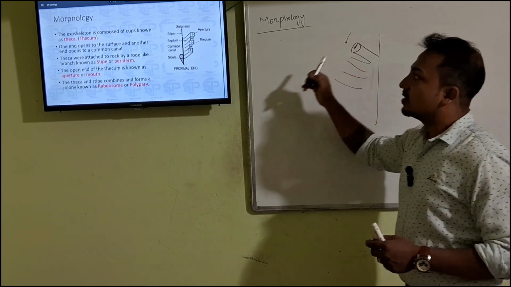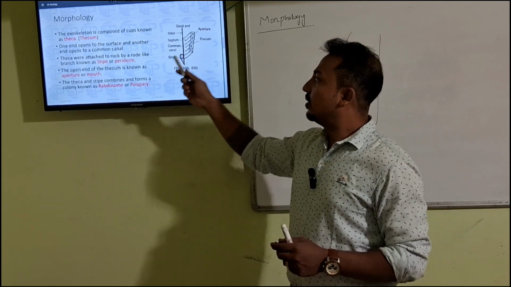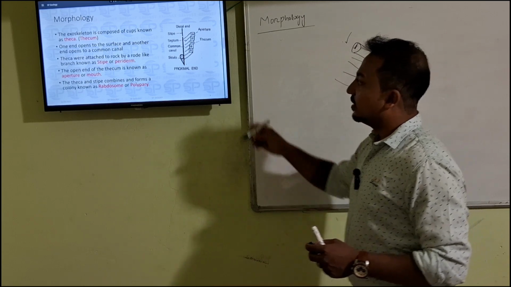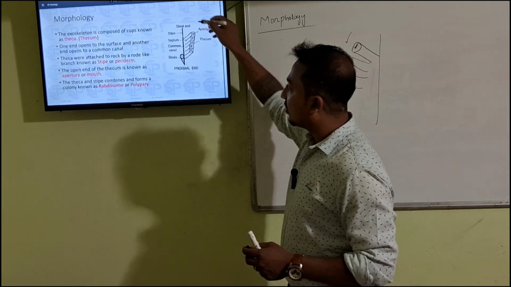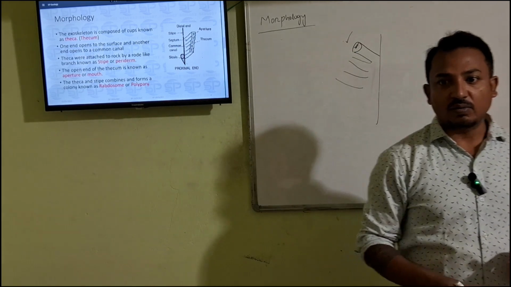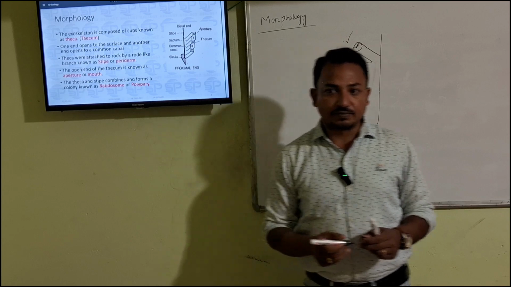The open end of the thecum is known as the aperture or mouth, and this complete structure together is known as rhabdosome, or polypary.